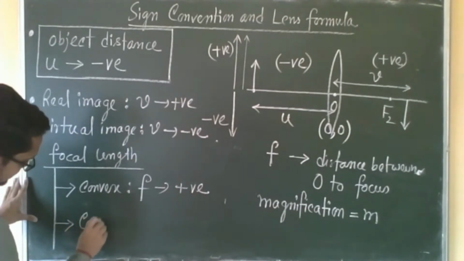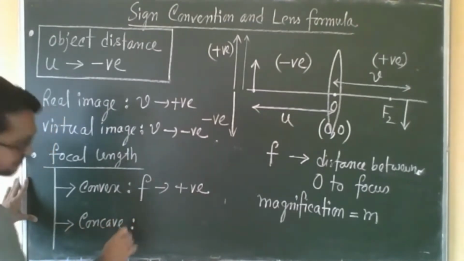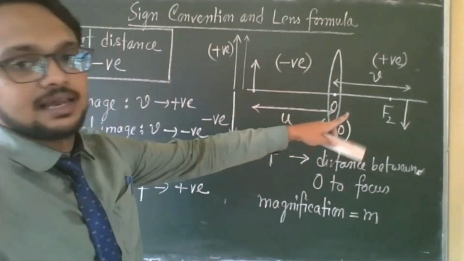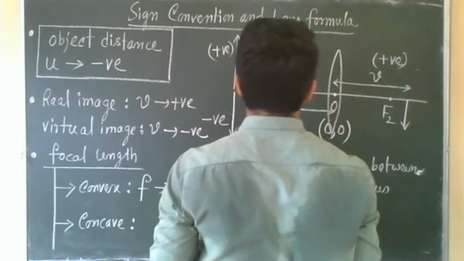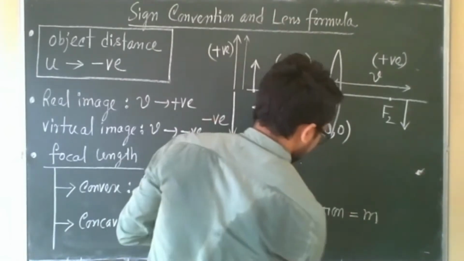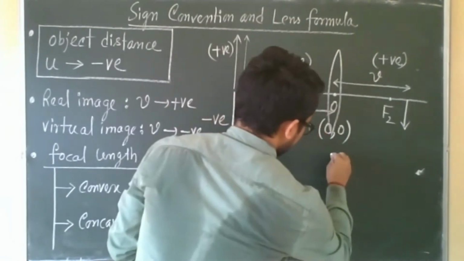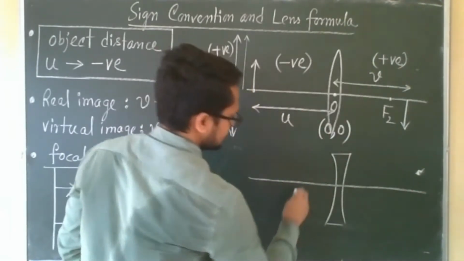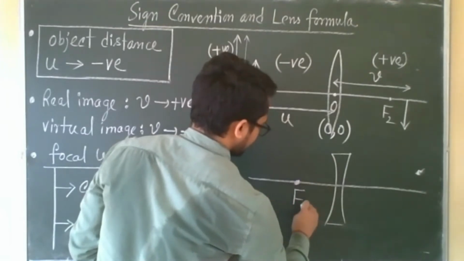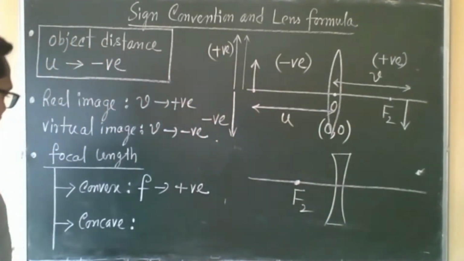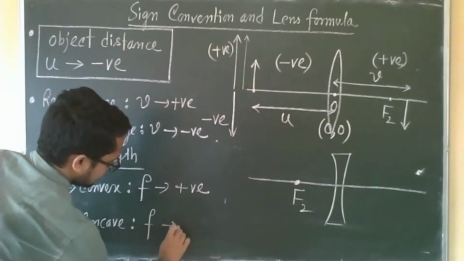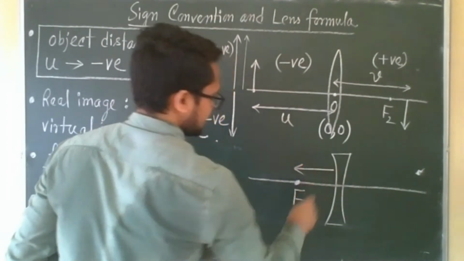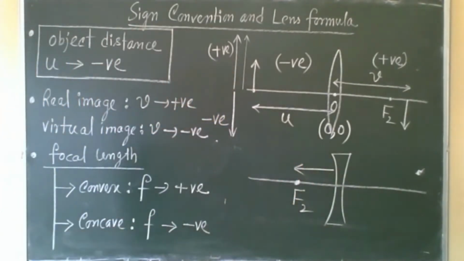For a concave lens, the second focus lies on the left side. If we draw a concave lens here, this is the concave lens, this is the principal axis, and the second focus F2 lies on this side. So for a concave lens, the focal length will be negative, left side of the optical center.